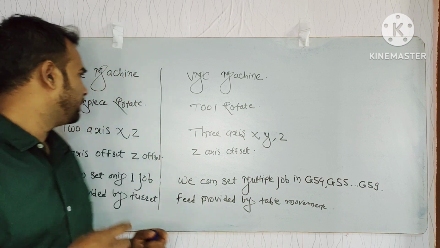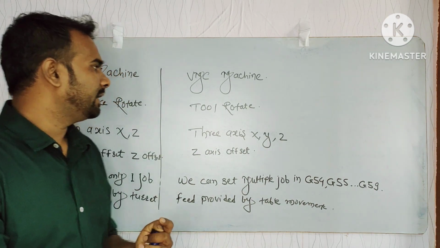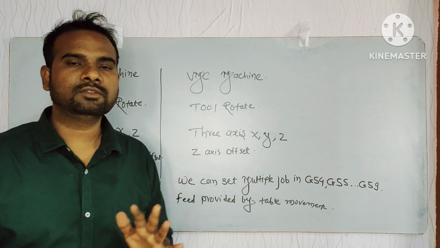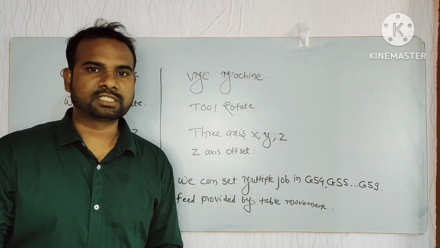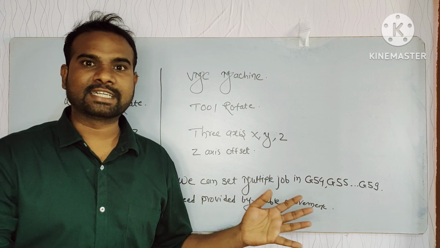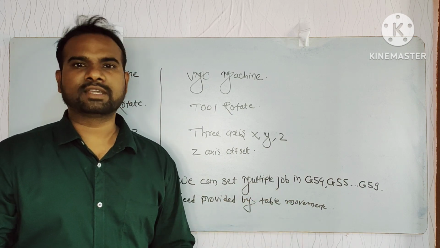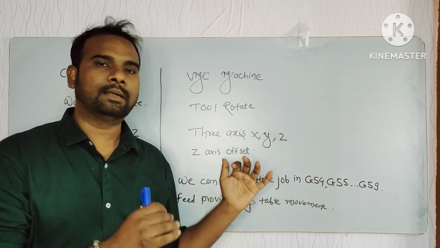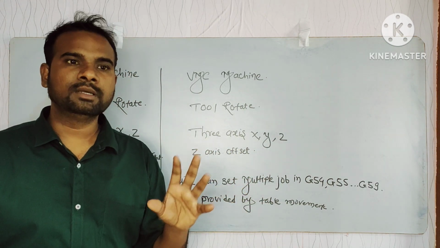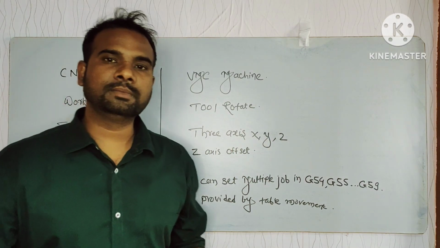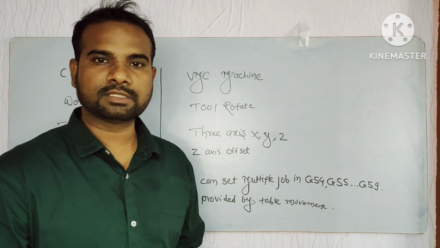And in VMC machine we can clamp our job in fixtures or on a magnetic table, or use top clamps to hold the job, but in CNC we can only clamp the job in the chuck. This was the major difference between CNC and VMC machine.